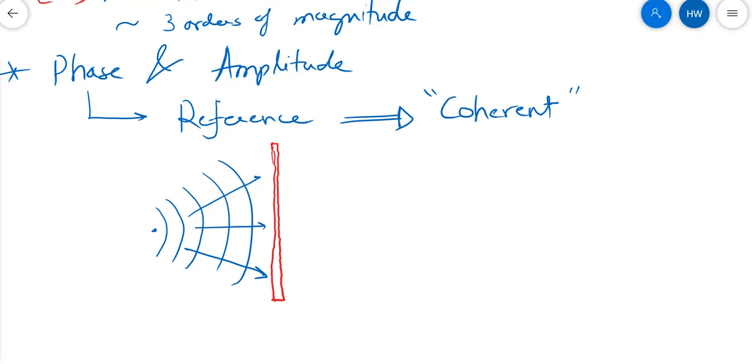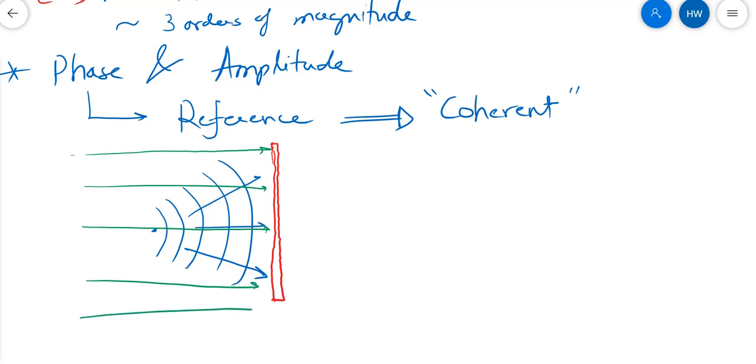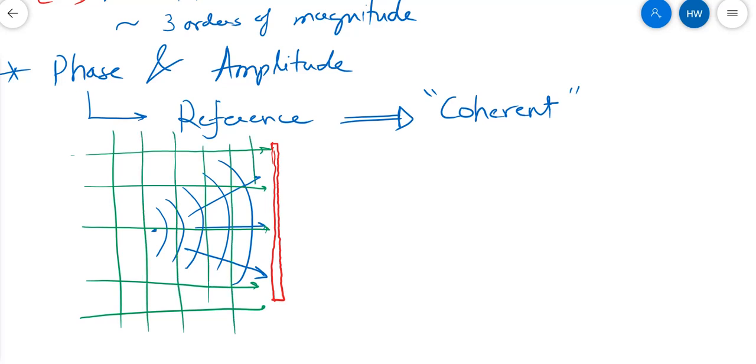Okay, I'm using a different color, but they are of the same frequency. So I have a reference beam, which is a plane wave, also simultaneously falling on the screen. So I'm looking at planar wavefronts, right? Now you see both of these wavefronts are falling on the screen.